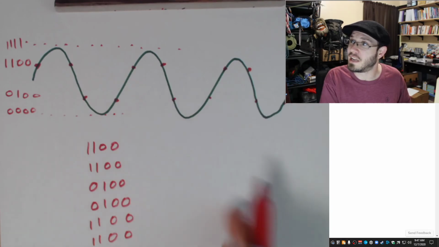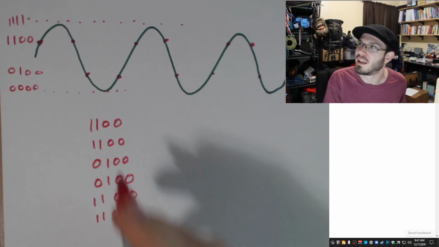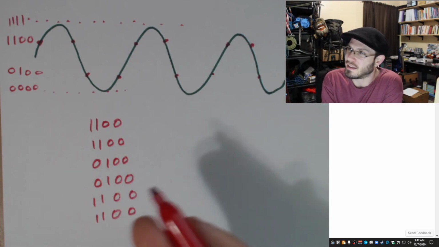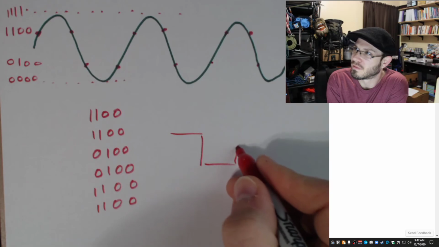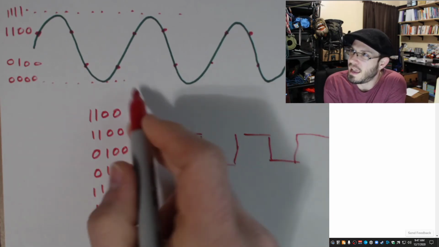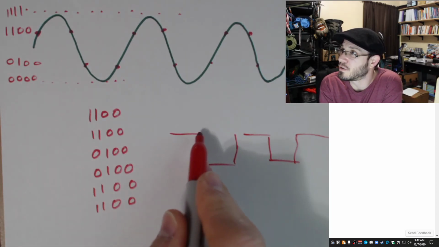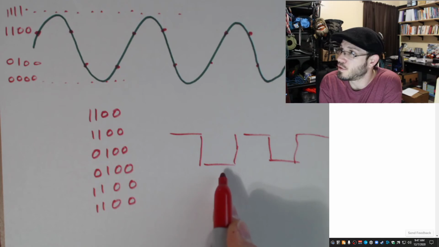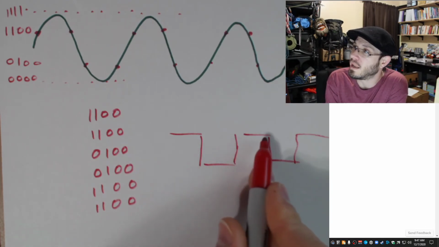This is with a low sampling rate. What just happened? I just lost my sine wave. This isn't a sine wave. This is a square wave. Because I'm at 1, 1, 0, 0, 1, 1, 0, 0. Then I'm down at 0, 1, 0, 0, 0, 1, 0, 0. Then I'm back up at 1, 1, 0, 0.